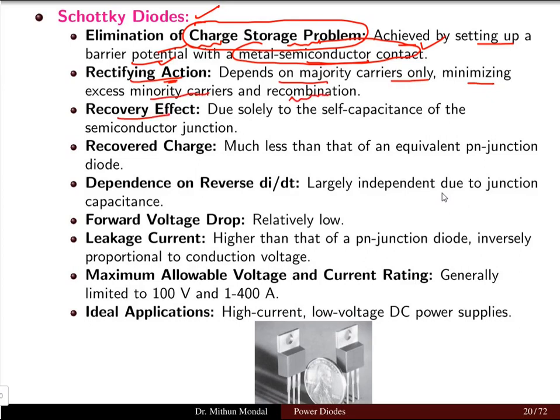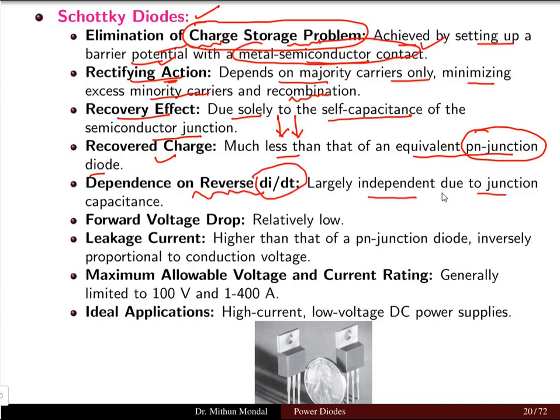The recovery effect is due solely to the self-capacitance of the semiconductor junction. The recovered charge is much less than that of the equivalent PN junction diode. The dependence on the reverse di/dt, that is the change of the current with respect to time, is largely independent due to junction capacitance.